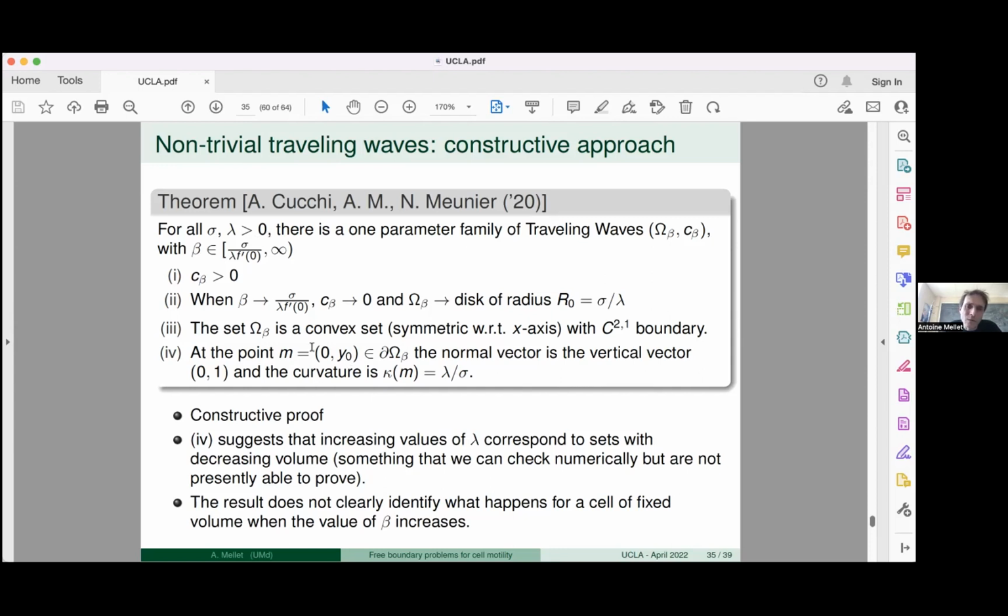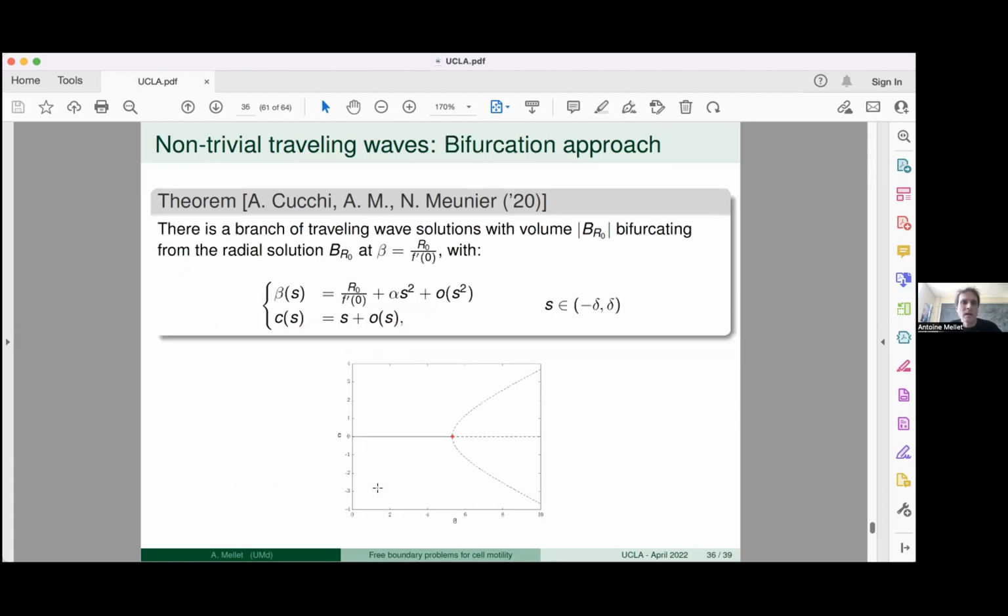But in particular, the one thing that we were not satisfied with here is that it doesn't clearly say what happens if you have a cell with a fixed volume and you're increasing the value of beta, so you're increasing the strength of the destabilizing potential. And so what we can also show is a more bifurcation type result that says that if you fix the volume, then you have this bifurcation from the radial solution, from the disk, at precisely that value.